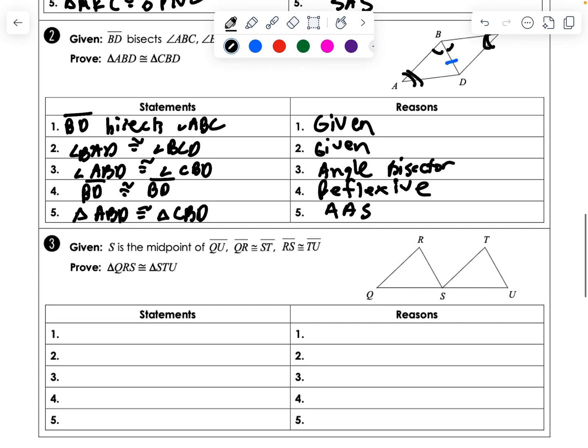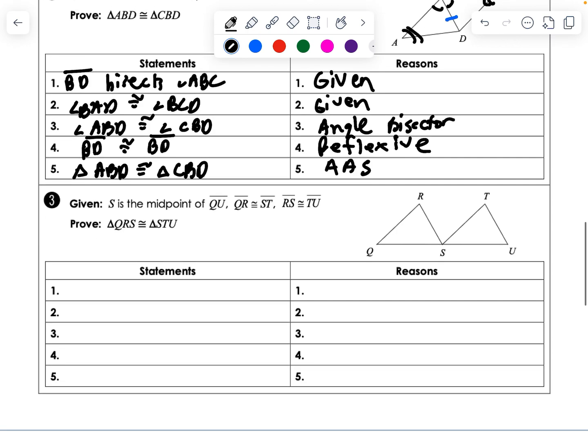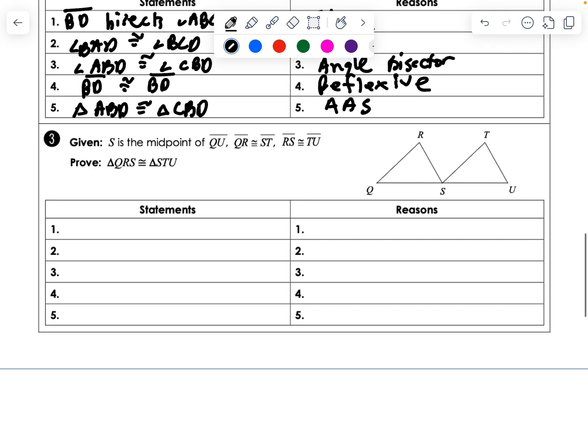All right. Looks like we got everything just given to us here almost in number 3. So S is the midpoint of QU. I'm going to write down all the givens and then I'll go through. S is midpoint of QU, given. Okay, I can't mark anything down yet because I haven't proven anything congruent.